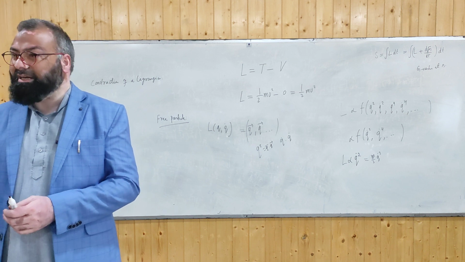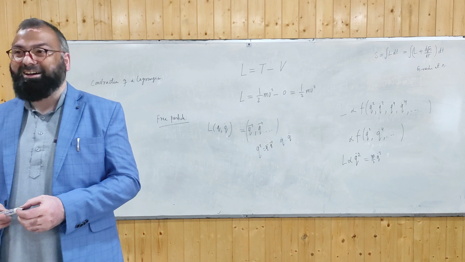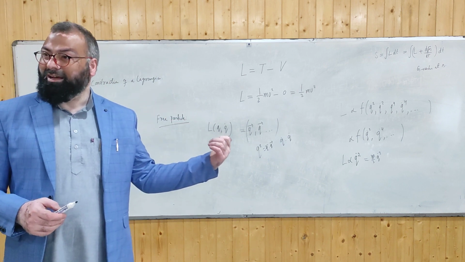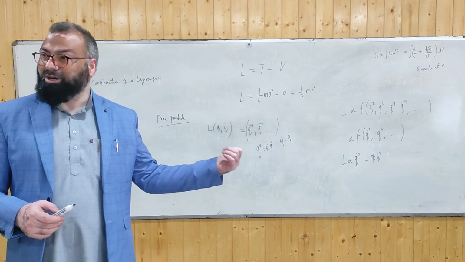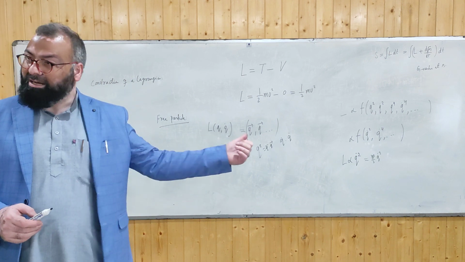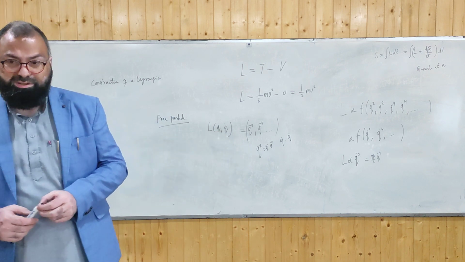And if you integrate that, what will you get? If you form this Lagrangian, you need to calculate the equation of motion. What you will get? Q dot squared will go as q double dot with a factor of twice. Clear? And that 2 and 2 will cancel. So you will get m q double dot equal to 0.